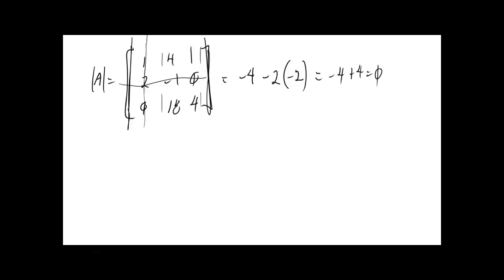But when they did that, not only did they get something pretty simple, but the other thing is, then they wound up with the third row being a multiple of the second row. So then you could tell it was 0 without even doing any calculations.